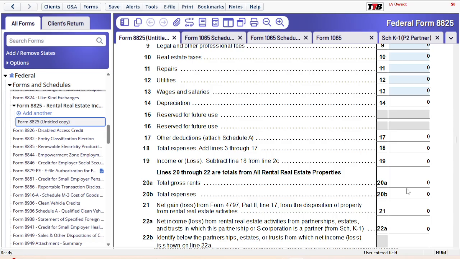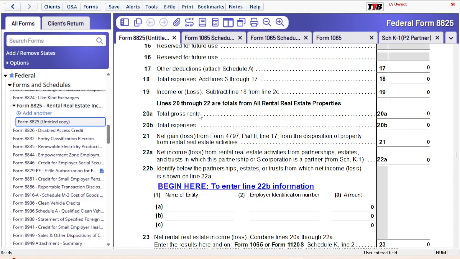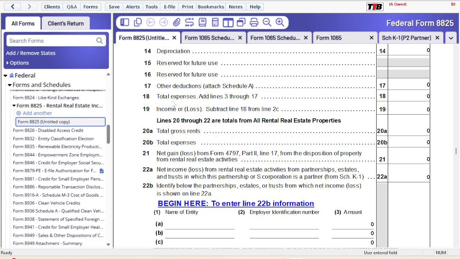You need to do the difference between the two to put the profit or loss here. So it's a little bit confusing here, but again, since the software is going to be doing it, it's going to bring in line 19 from all the properties for you and put it on line 20 here.